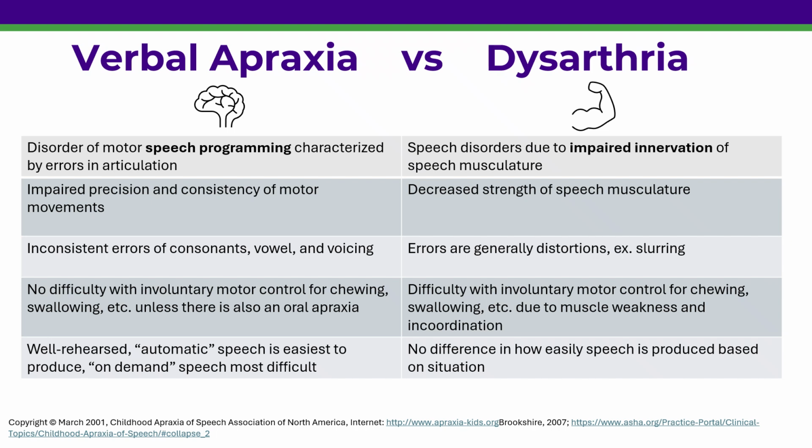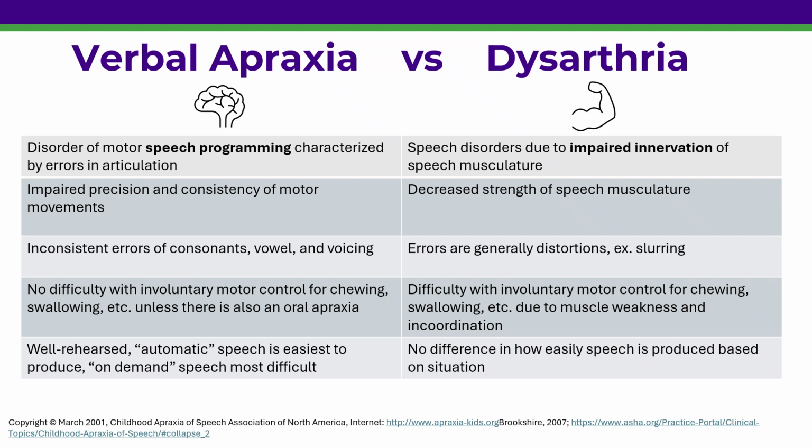Let's take a moment to think about apraxia versus dysarthria. Apraxia is a disorder of motor speech programming characterized by errors in articulation, whereas dysarthria is characterized by a speech disorder where you have impaired innervation of speech musculature, leading to decreased strength of this musculature.